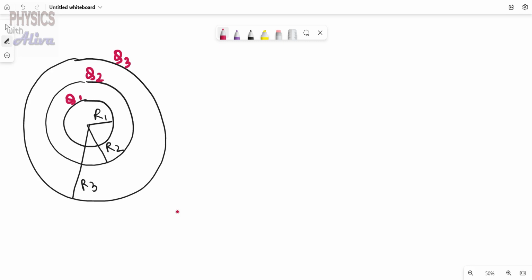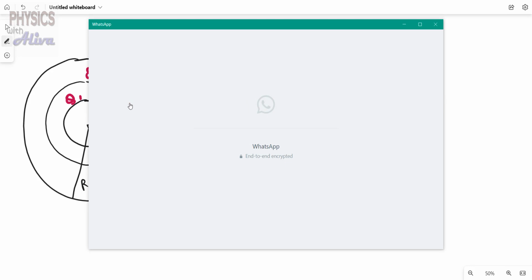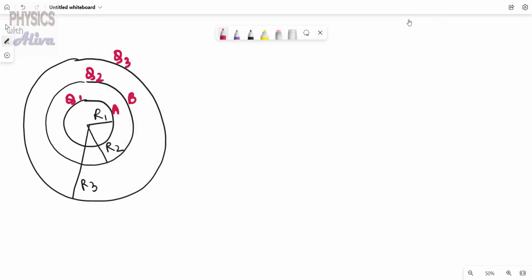Now we have to calculate, suppose this is sphere A, this is sphere B, and this is sphere C, the potential on the surface A, the potential on the surface B, and the potential on the surface C.